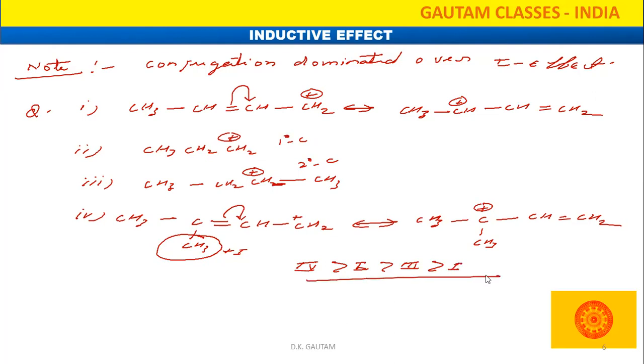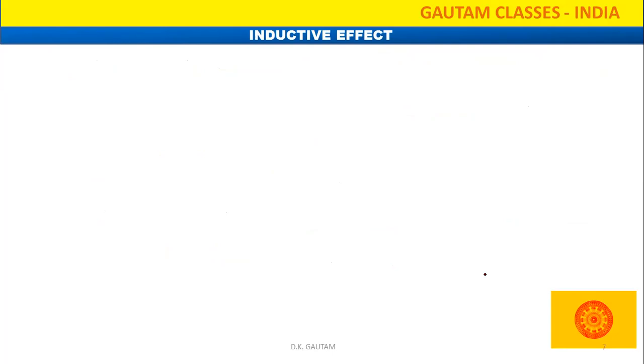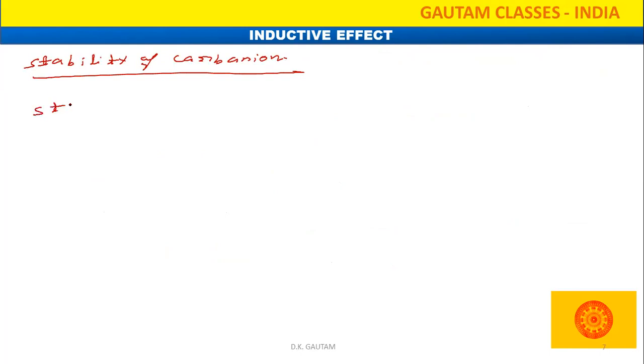Now the next point is coming here, stability of carbanion. Stability of carbanion is inversely proportional to the magnitude of negative charge.